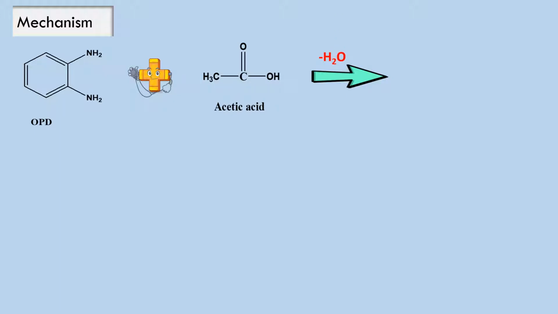This reaction is processed with the help of concentrated ammonia solution for making the mixture basic, in which hydrogen from ammonia and OH ion from acetic acid will get removed and this intermediate product is formed.